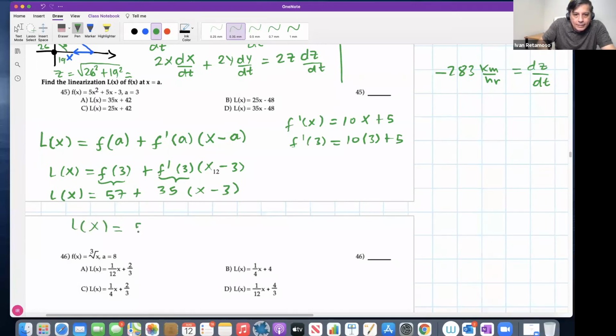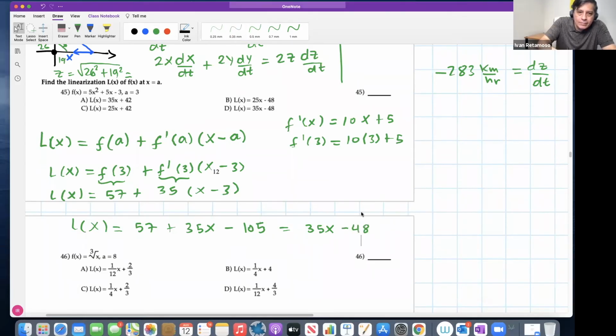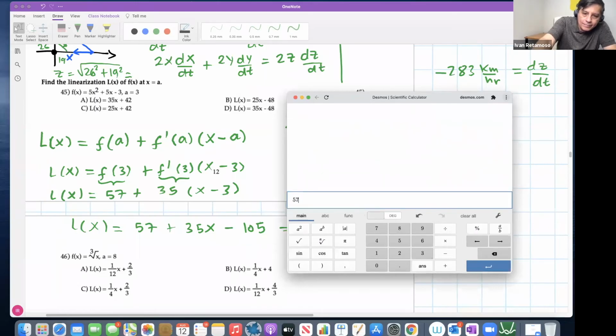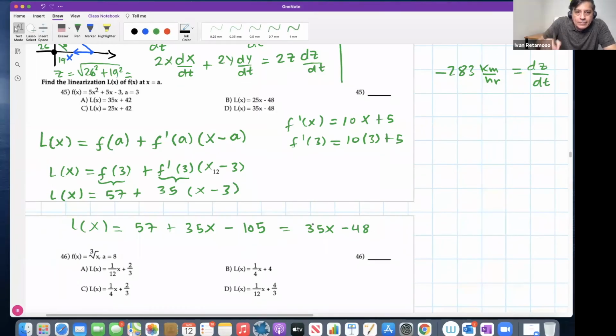That's it, right? 57 plus 35x minus 35 times 3, 105, right? And this simplifies to 35x minus 48, right? Yeah. 57 minus 105 minus 48. Excellent. Very good. That's it. So this is what you choose right here. This guy.